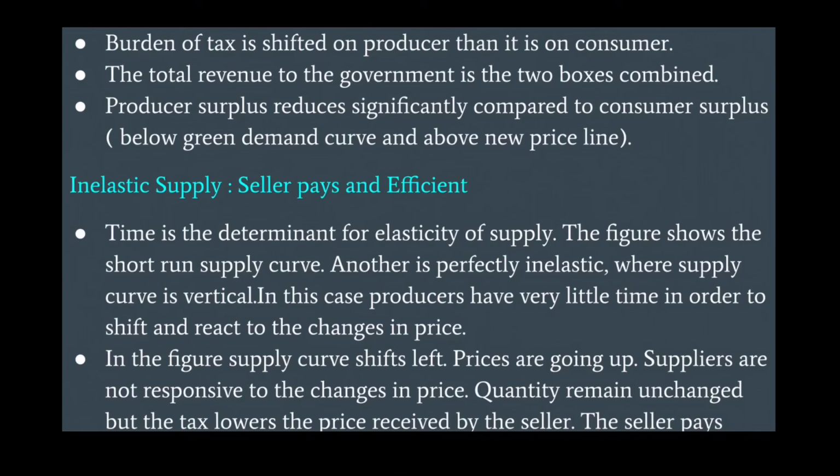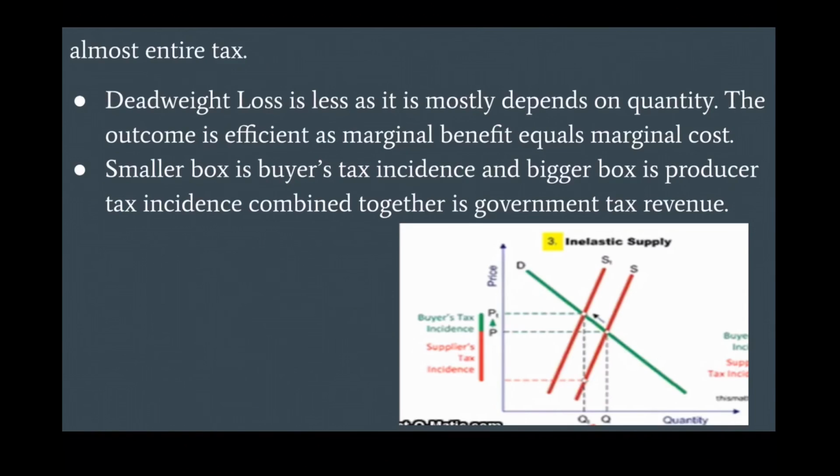In this case, producers have very little time to shift and react to changes in price. In the figure, the supply curve shifts left, prices go up, suppliers are not responsive to the changes in price, quantity remains unchanged, but the tax lowers the price received by the seller. The seller pays almost the entire tax.